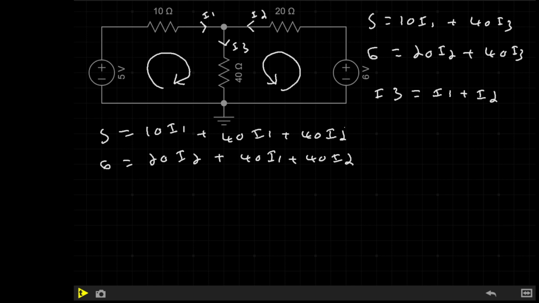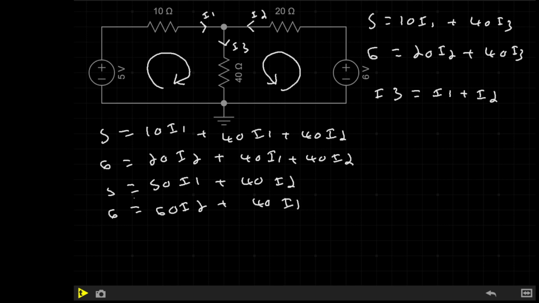Then we can simplify this a little bit to give us 5 equals 50 I1 plus 40 I2, and 6 equals 60 I2 plus 40 I1.